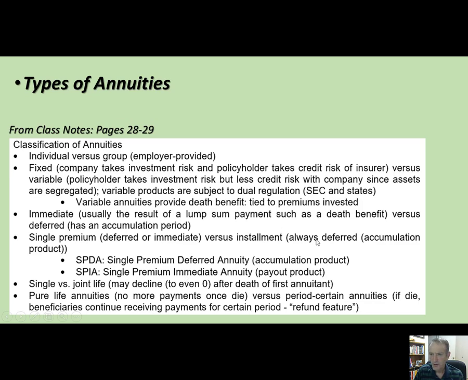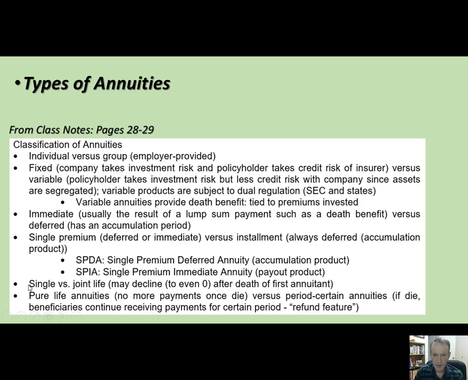So an installment annuity is always deferred. It's an accumulation product. So an SPDA is an accumulation product with one premium. You can have a single premium where it's an immediate annuity, where you pay them a premium and they immediately start paying you money. That again is usually provided by a life insurance proceed from a spouse.